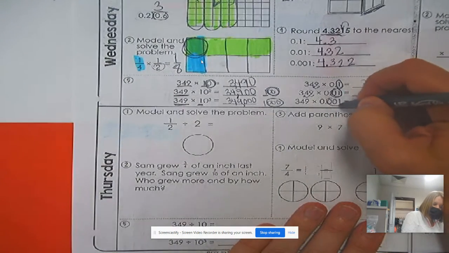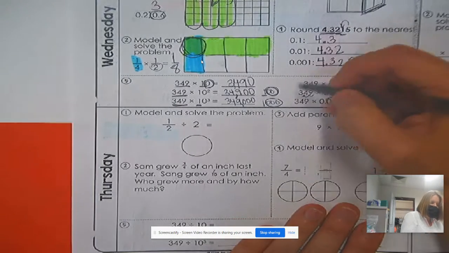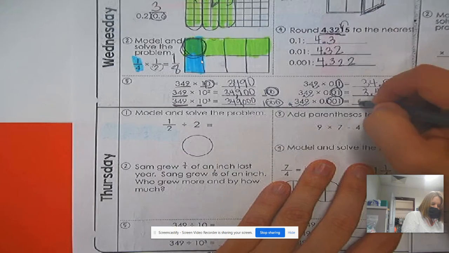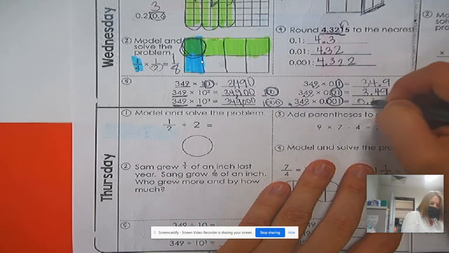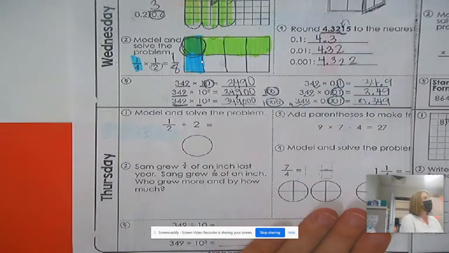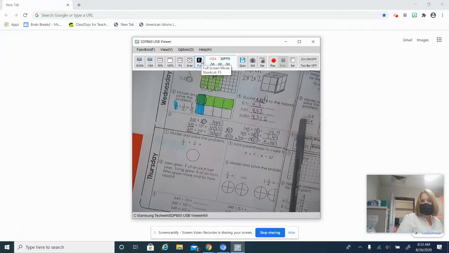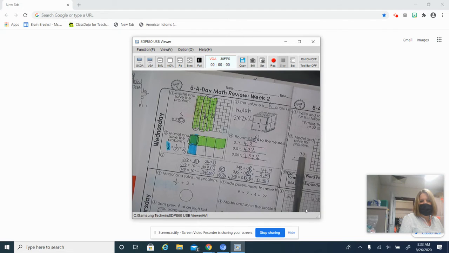And how many numbers are behind the decimal? 3. 1, 2, 3. So I get 349 thousandths. Okay, and that will make a lot more sense when we study that in our math program. All right, good job. You can put that away.